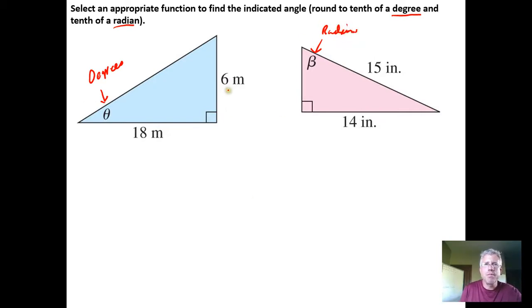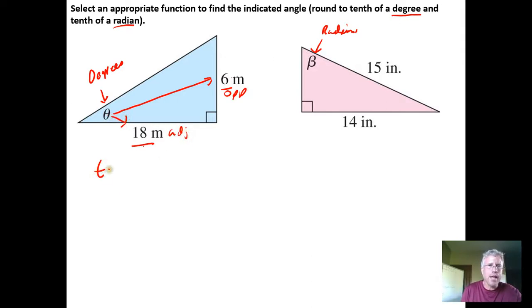The key here is they've given us two sides. So we need to think about the relationship between these sides and this angle. I want to recognize that 6 is the side opposite, and 18 is the side adjacent the angle.